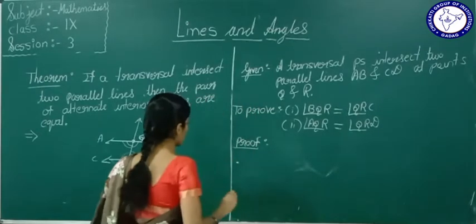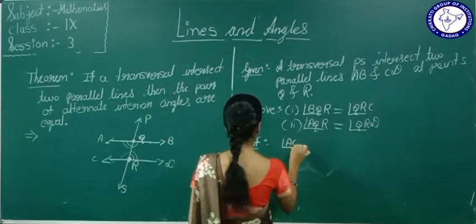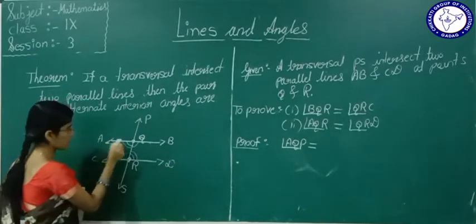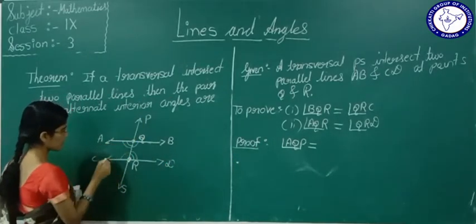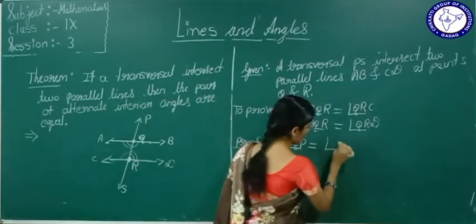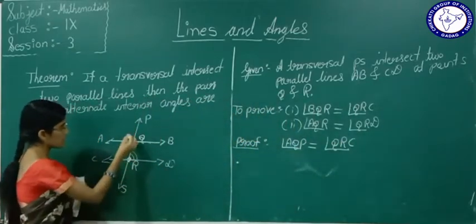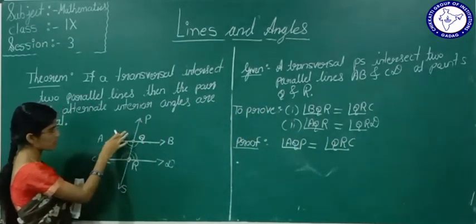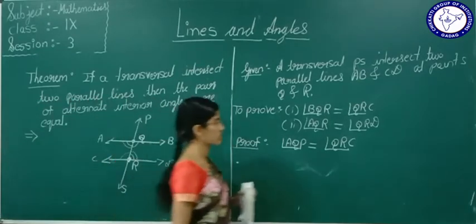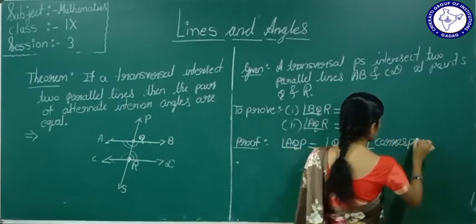Here they are given these two lines are parallel. So we can write angle AQP is equal to angle QRC. See, this and this are corresponding angles, no? What is the reason here? Corresponding angles.